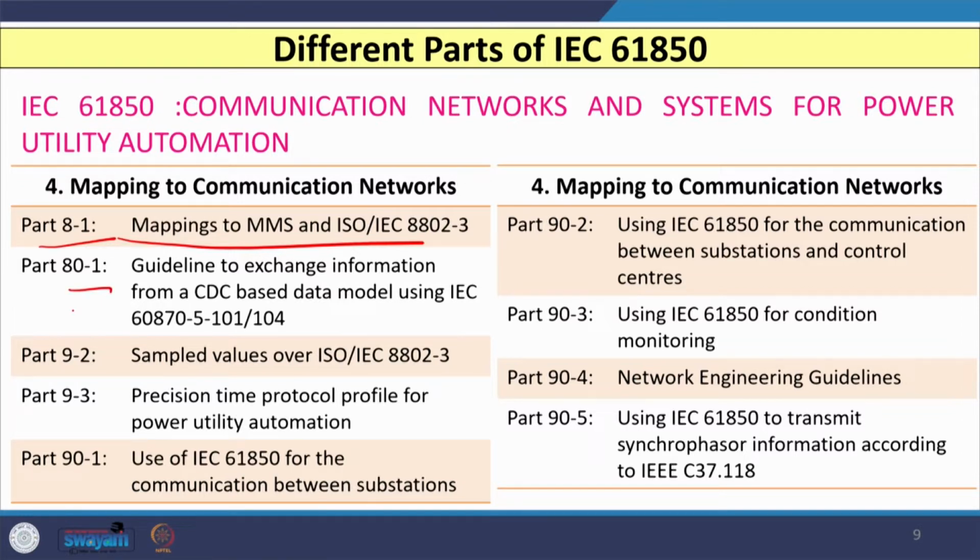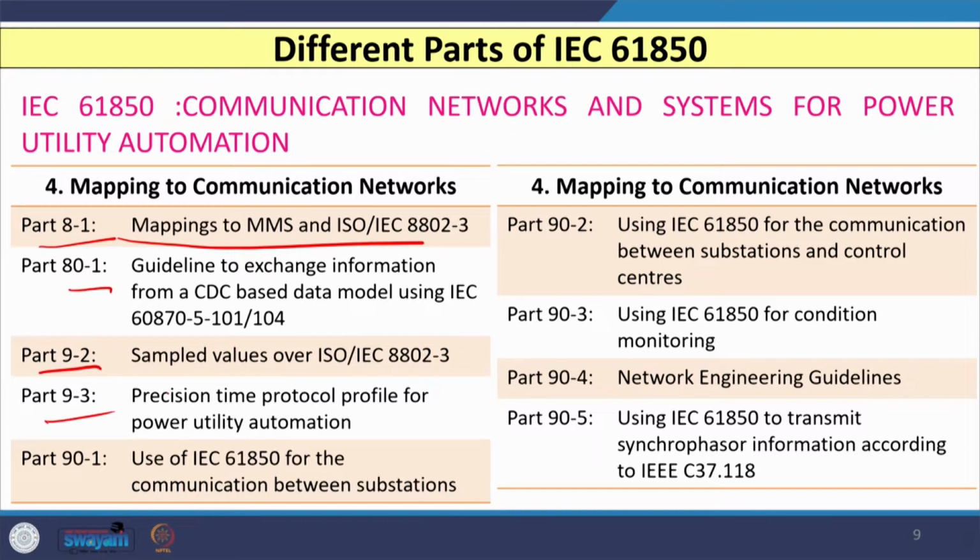In 80-1, guidelines are given in detail regarding the exchange of information from a CDC based data model using IEC 60870-5-101/104. In the 9th part, that is 9-2, sample values, how we can have the sample values over ISO/IEC 8802-3 is mentioned.